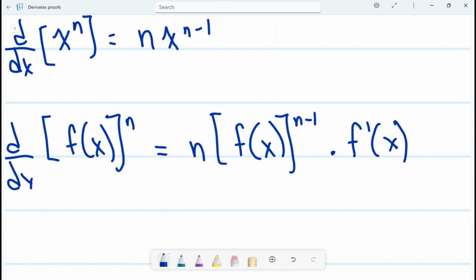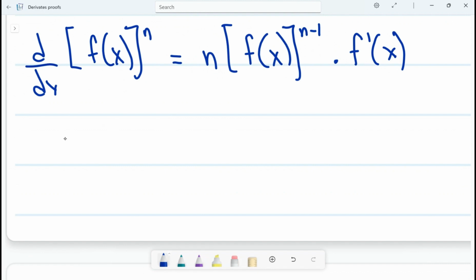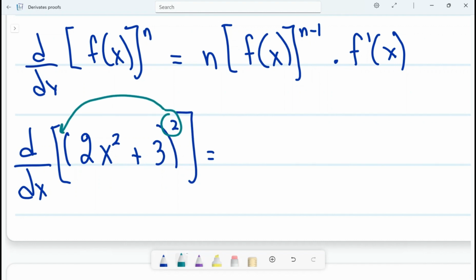So let's look at an example. What if our function is 2x squared plus 3, and all of this is squared. And I would like to take the derivative of all of that. First thing I do, I drop the power. So I get 2 times 2x squared plus 3, all to the power of 2 minus 1, which is 1.